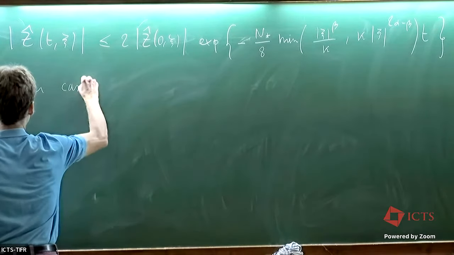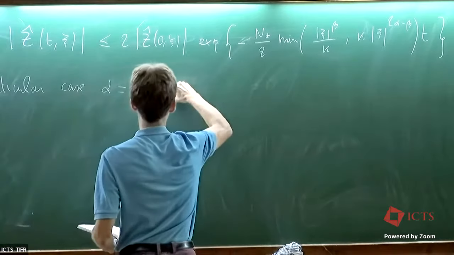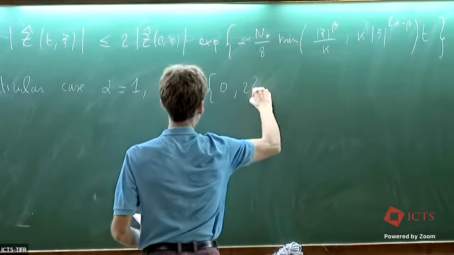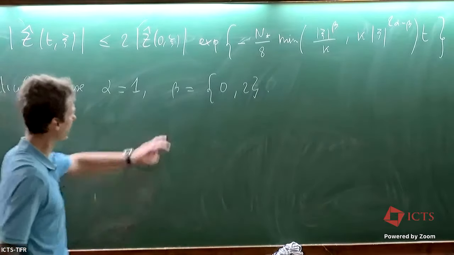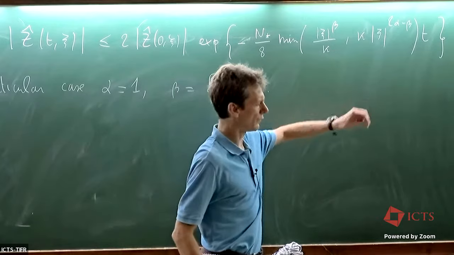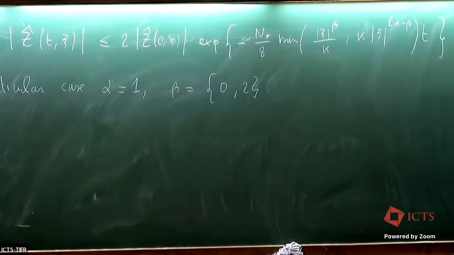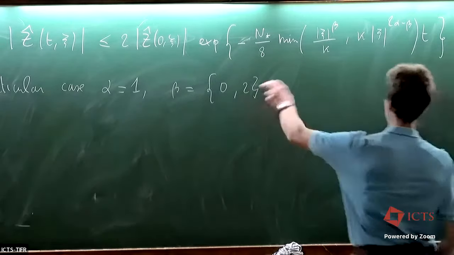Now if I concentrate on a particular case we're interested in, it was alpha equal 1 and beta is either 0 or 2. I don't know how you can explain this, but in fact you will get exactly the same exponents if you put either just damping or a Laplace operator. Maybe the first time I saw that, I thought it was a bit strange, but at this level, you cannot make the distinction, okay?